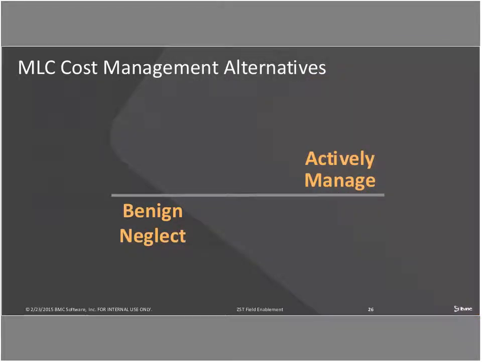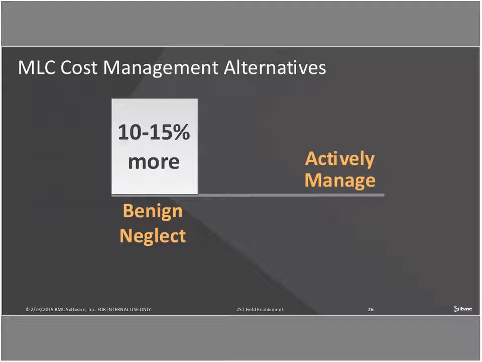You know, when we've done some research working with consultants who advise companies on managing MLC, an interesting set of facts came out. One is that for many people, if you're not doing anything about managing MLC, you can be spending 10 to 15% more than average.